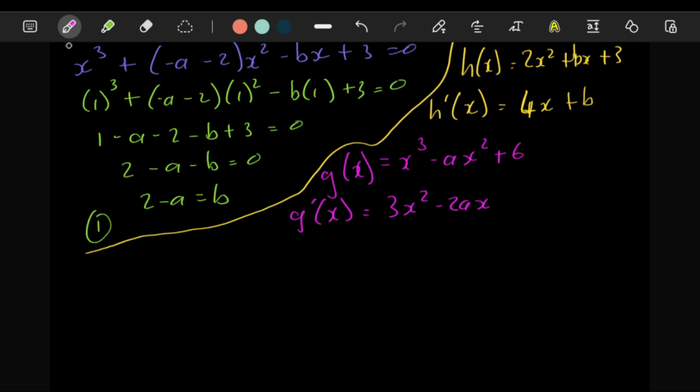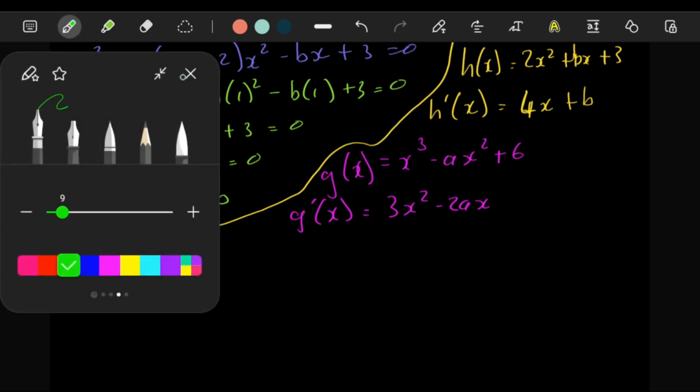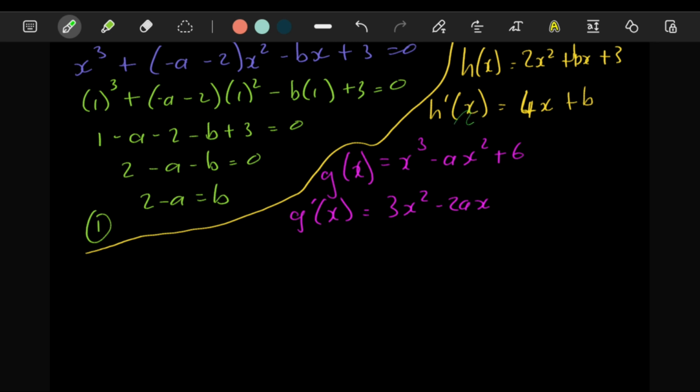So what we know is the gradient of this parabola will be equal to the gradient of this cubic function at the point where they both meet the tangent.